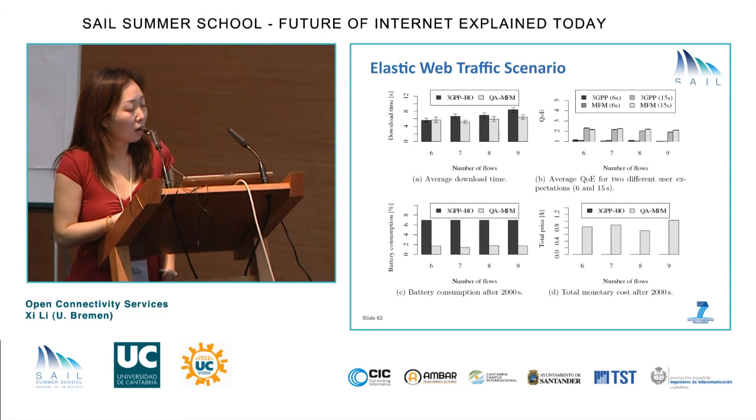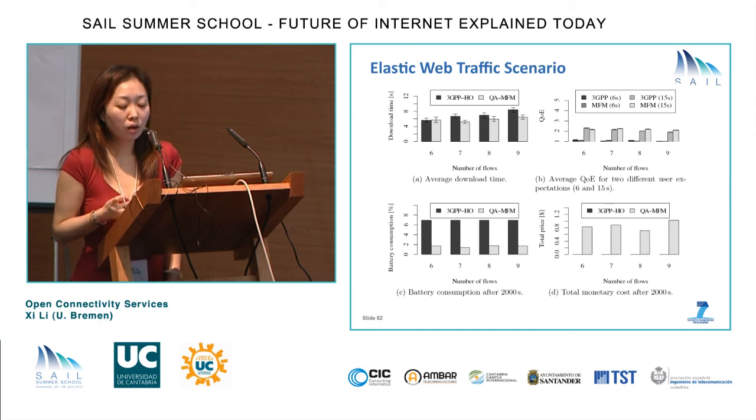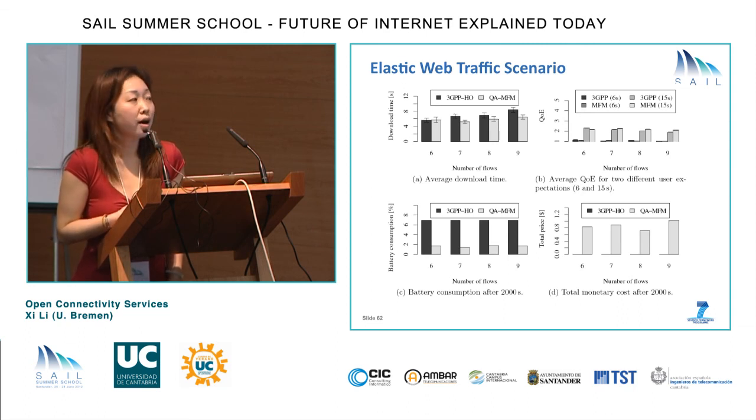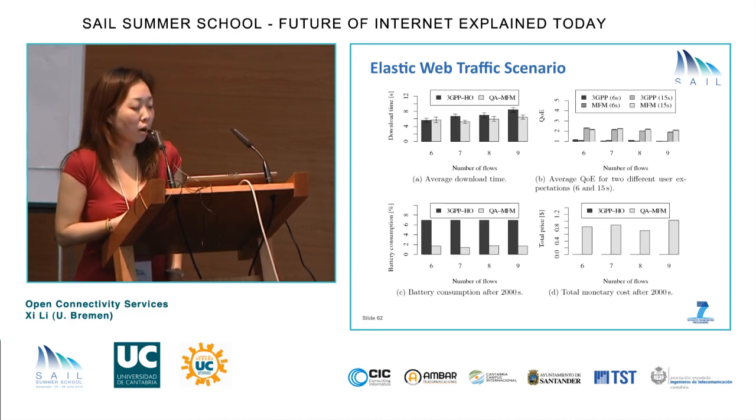However, this also comes with a higher cost when using our approach, because in this scenario, the user is able to use both the LTE network and the wireless LAN, and since we know that using the LTE network you also need to pay a little bit higher cost, while in the traditional approach, they will only use the wireless LAN, which is free.